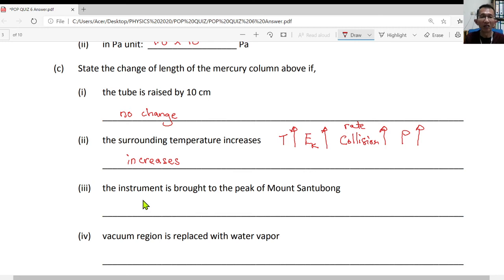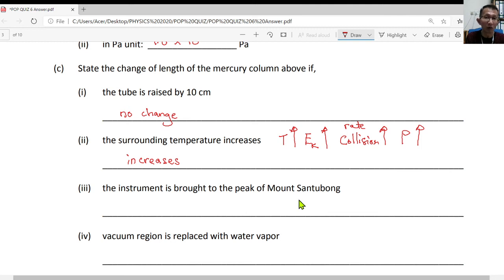Now, the instrument is brought to the peak of Mount Sentubong. So what happened? On the peak of a mountain, we have fewer particles there, right? The air would be very thin. So meaning to say fewer particles. Do you get it? Fewer particles.